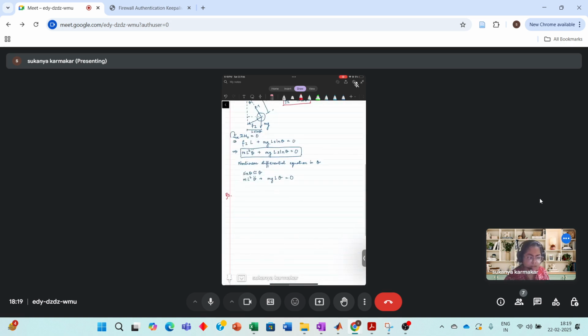I hope this is clear. Simple. Draw the free body diagram and write what we do in statics itself. Like using the D'Alembert's principle, we are converting a dynamics problem to a statics problem.